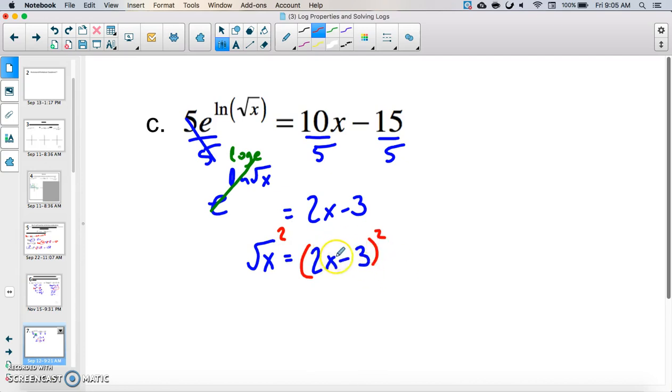So keep in mind that's not just doing 2x squared and 3 squared. We've actually got to do 2x minus 3 times 2x minus 3, and then boil that out distributing.